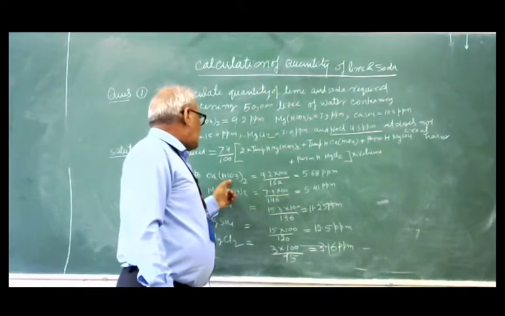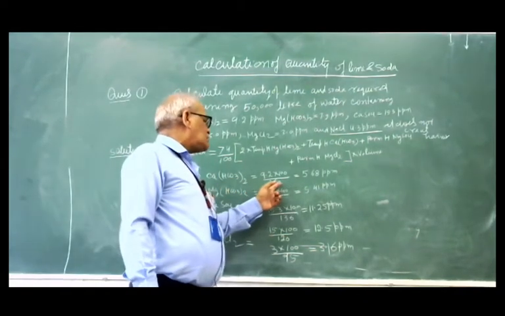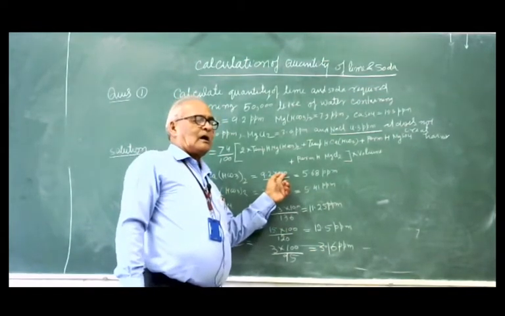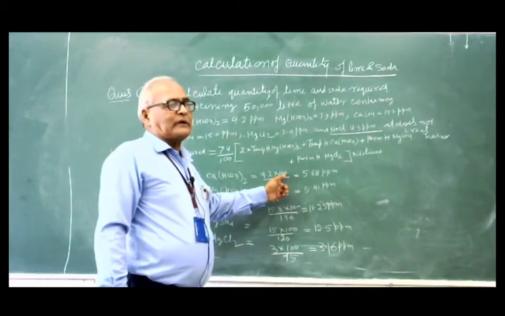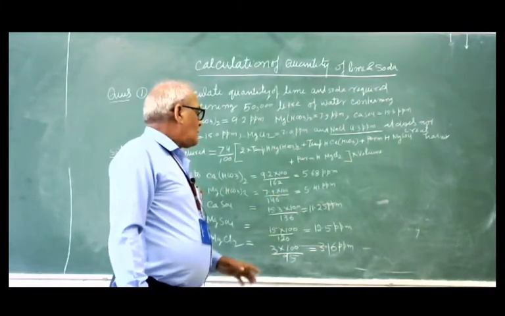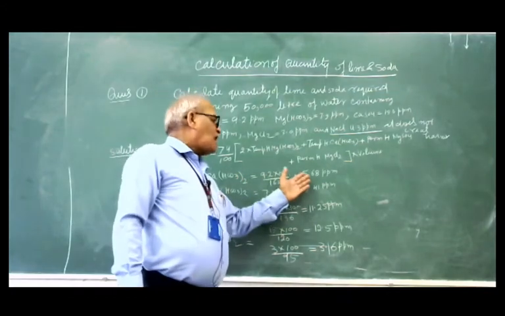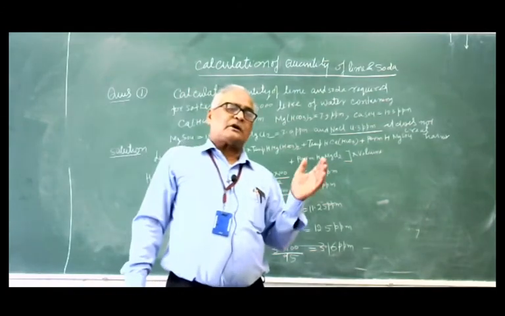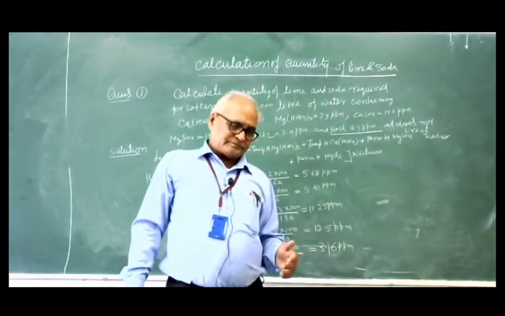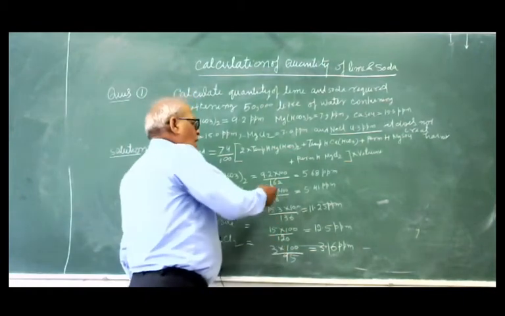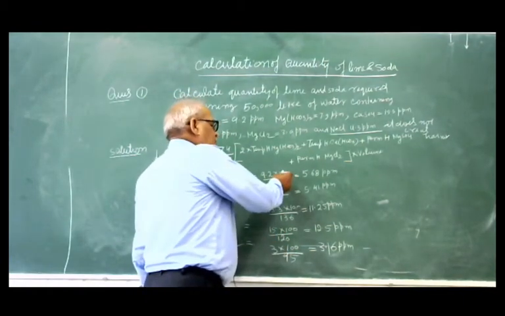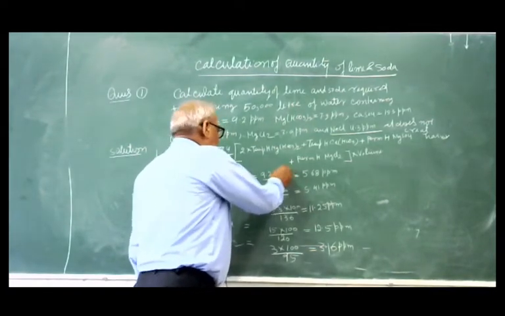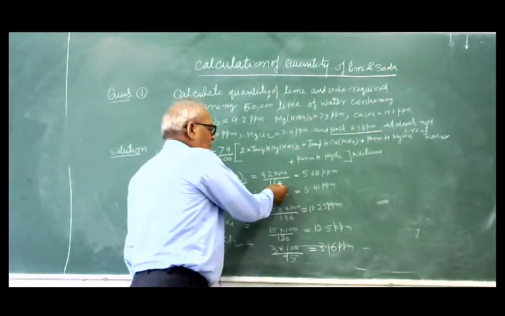This is the calcium bicarbonate, molecular weight is 162. 100 is the molecular weight of the calcium carbonate, because the hardness is always calculated in terms of calcium carbonate equivalent, and therefore in spite of writing equivalent weight, I have written molecular weight, and again here I have written the molecular weight of the salt.